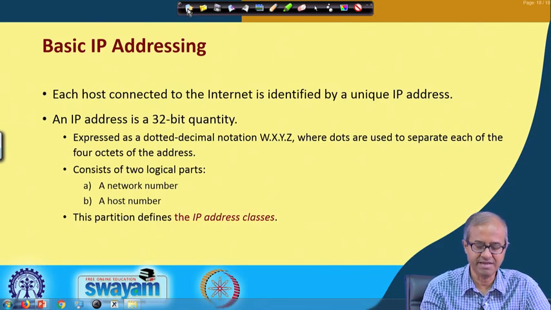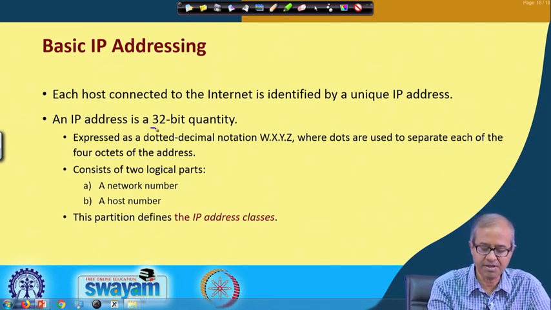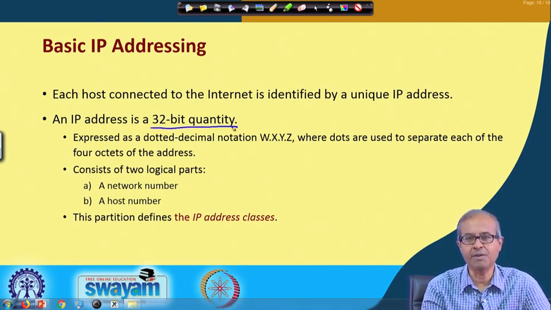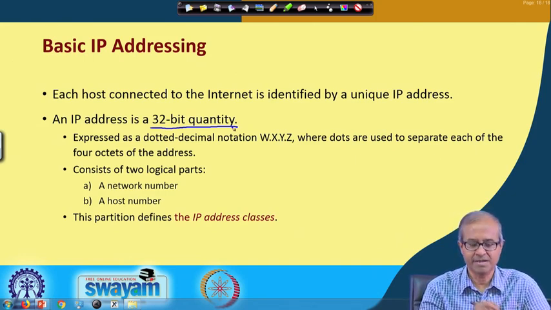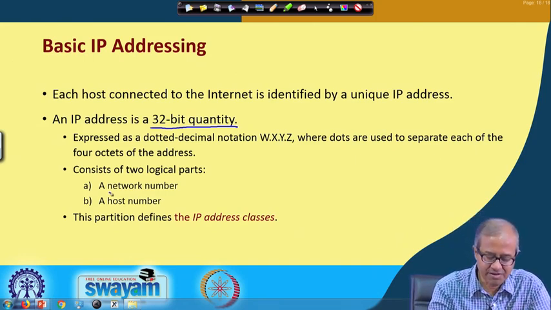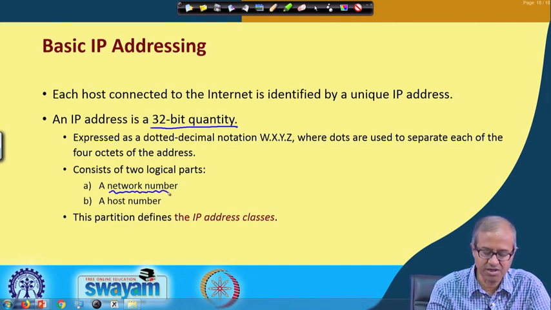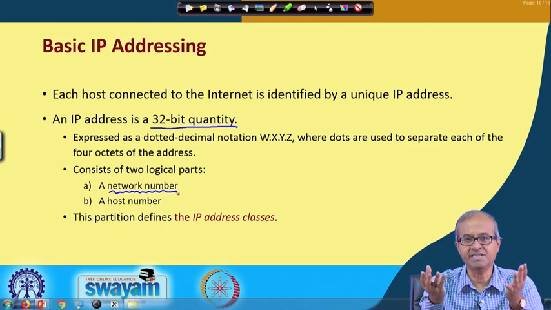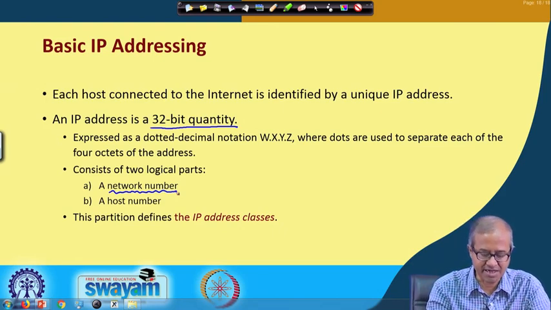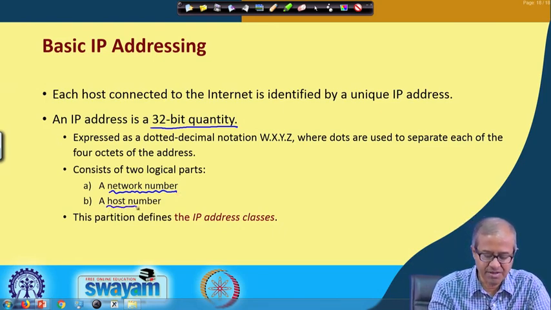Now, we shall see that in this 32-bit network address there are two parts. The first part identifies a network. There are many networks in the world; the internet is essentially a network of networks. So, the first part identifies which network I am talking about, and the second part identifies a host.